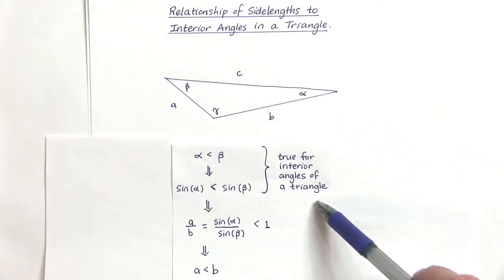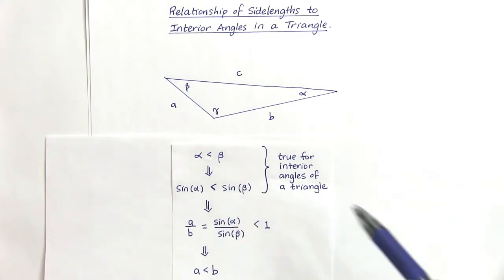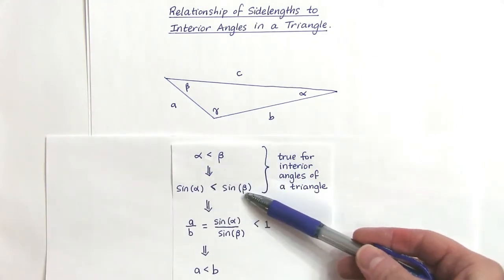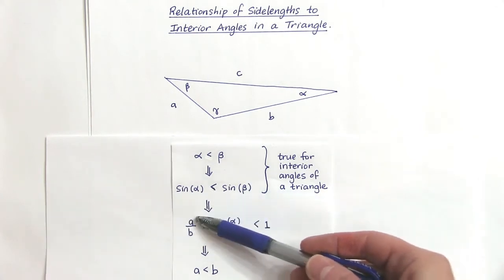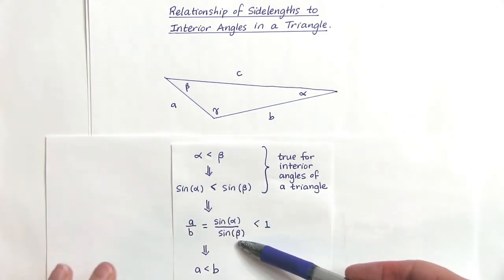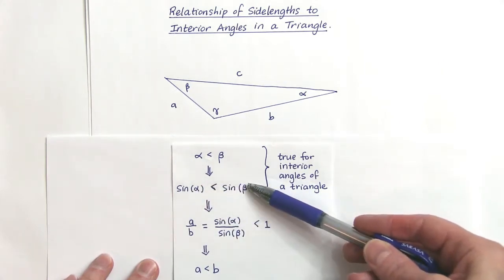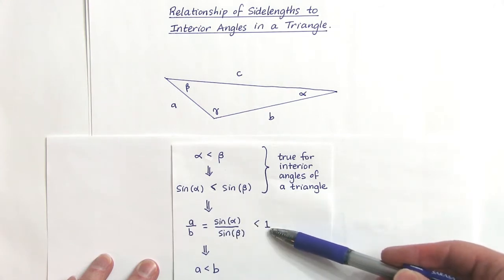It takes some thought to show this, but if you believe that, then the chain of thought goes like this. If alpha is less than beta, then the sine of alpha is less than the sine of beta. Then the law of sines says that A over B is the sine of alpha over the sine of beta. And because the sine of alpha is less than the sine of beta, the sine of alpha over the sine of beta must be less than 1.